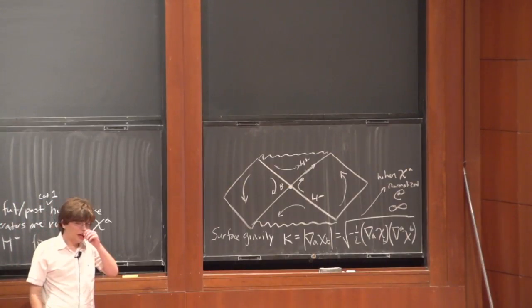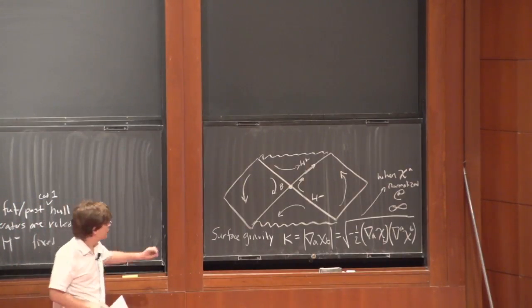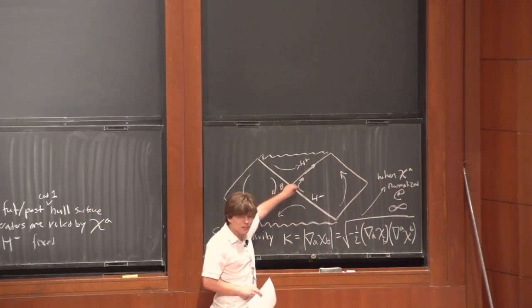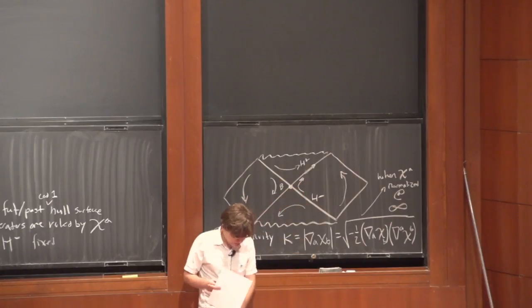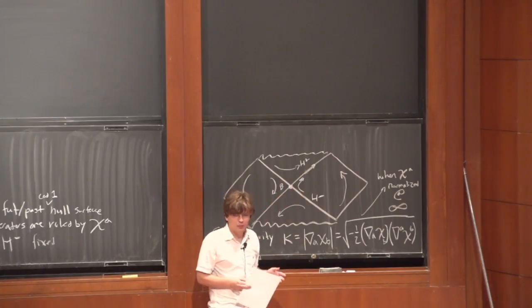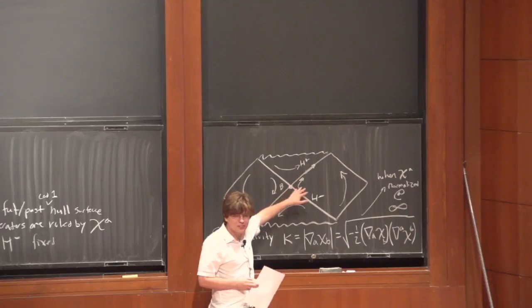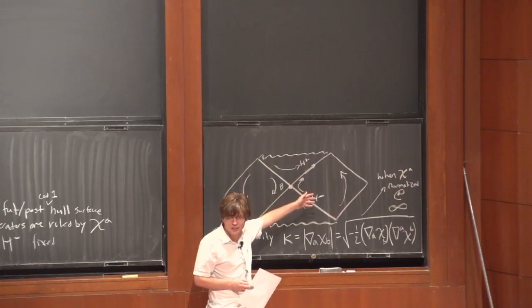In other words, another way to put this is if you're an observer living very close to the bifurcation surface, then from your perspective, the Killing vector just looks like a boost. And for all you see locally, if you were calculating the Unruh effect or something, you could just always normalize it the same way.